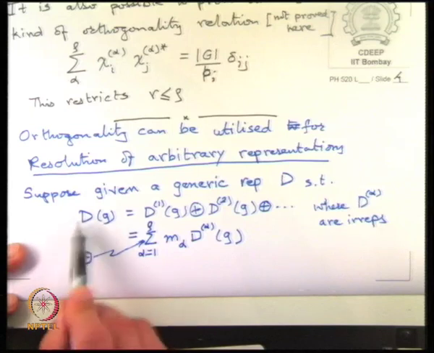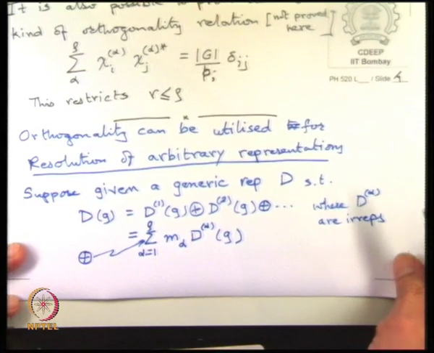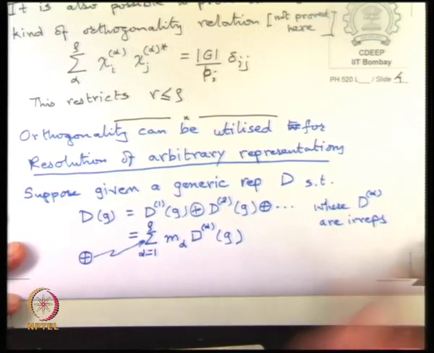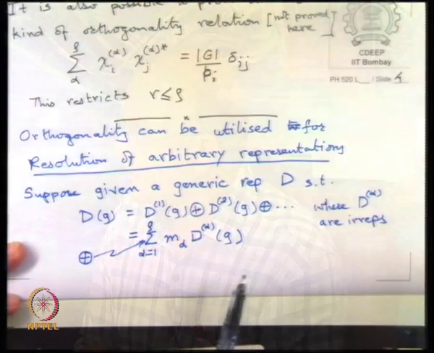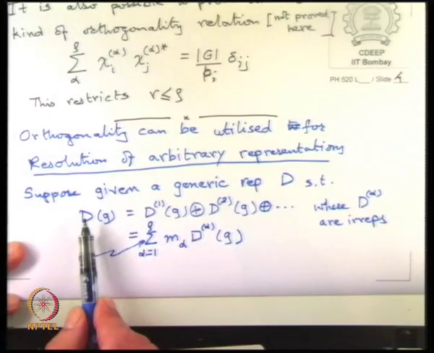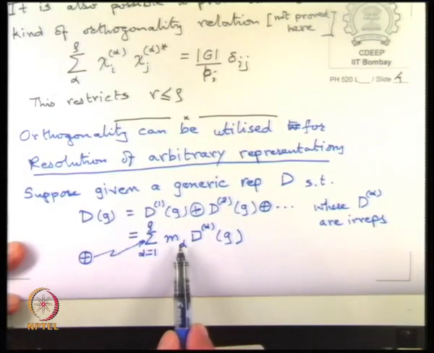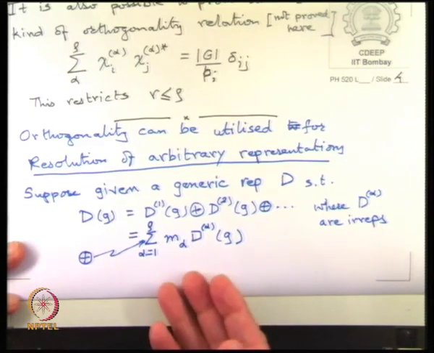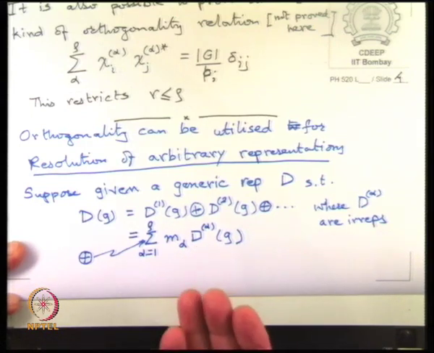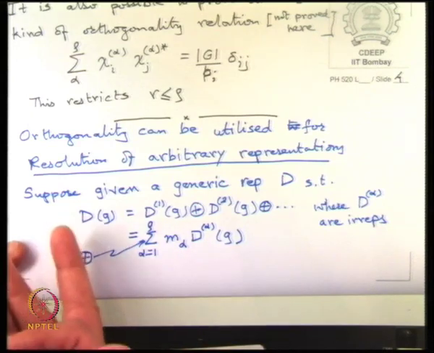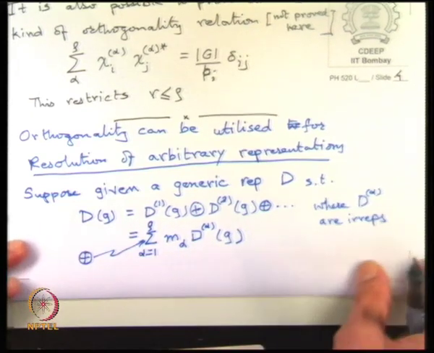So suppose you are given some arbitrary reducible representation. Now the trick to play is to simply take trace of both sides. So if you take trace of both sides, then you basically get trace of the arbitrary rep, but on the right hand side you get traces of individual irreps, but those chi alpha form a vector space which are orthogonal. So you have essentially resolved a chi in arbitrary representation in that.